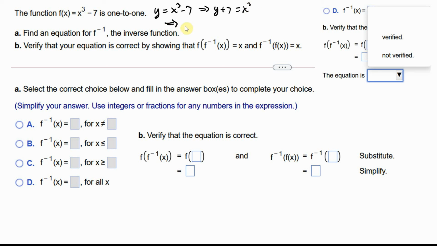So we have the cube root of y plus 7 is equal to the cube root of x to the third. So here I get x is equal to the cube root of y plus 7. Then we said replace this x with f inverse and replace that y with x. And we get the inverse.